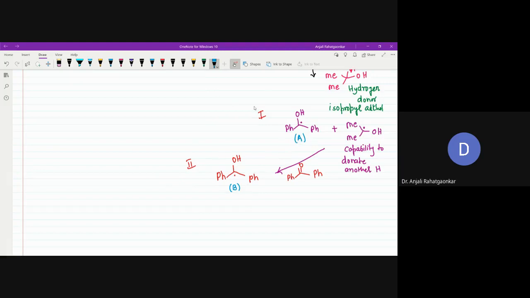These are the benzhydryl radicals. So two benzhydryl radicals are formed in one reaction, and now these two radicals which are formed undergo dimerization.